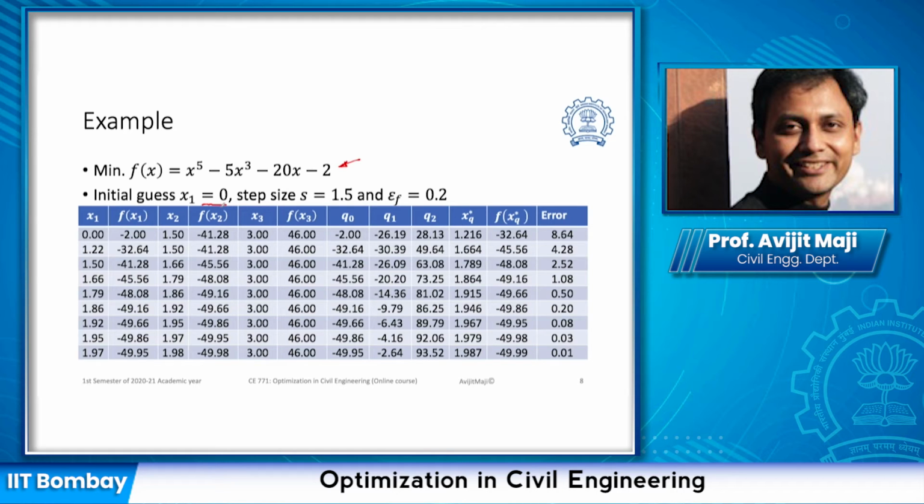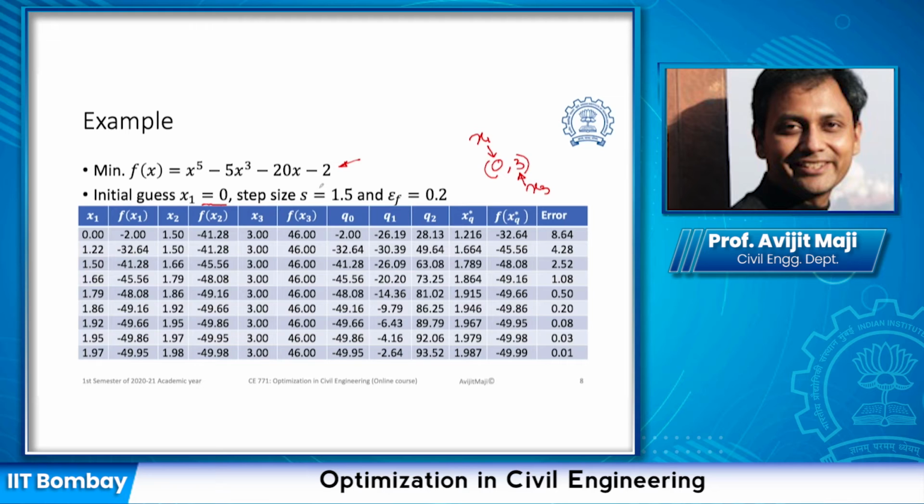If you recall, earlier we said the bracket is between 0 and 3. We can easily use that 0 and 3 as x1 and x3, and in between we can select an x2.